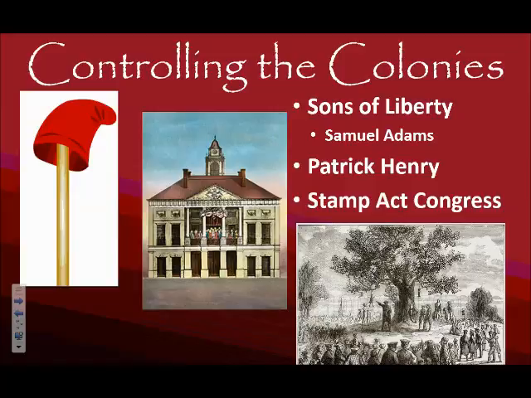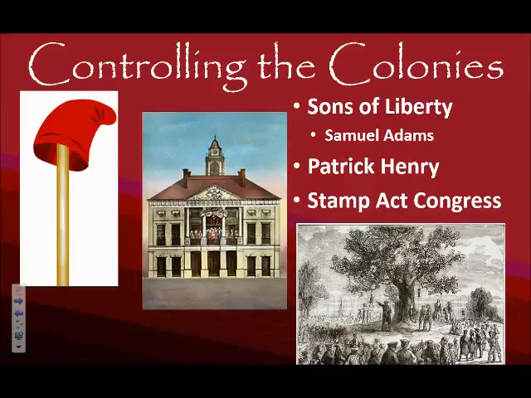They meet in New York City simply because it's centrally located. And the main argument is there has not been a direct tax before this, so why is there one now? And they suggest that a boycott be started the day before this act goes into effect.